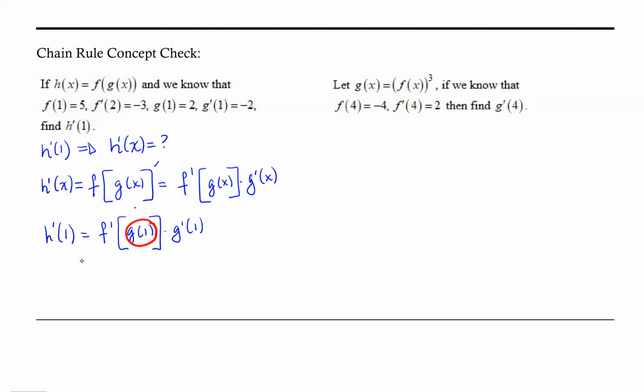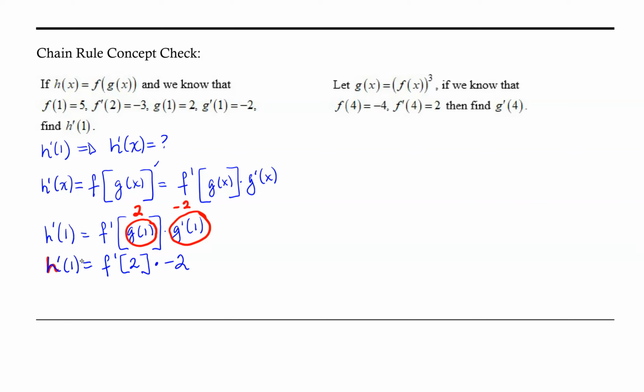We know that g of 1 is equal to 2, and we know that g prime of 1 is equal to negative 2. So we have h prime of 1 is equal to f prime at 2 times negative 2.